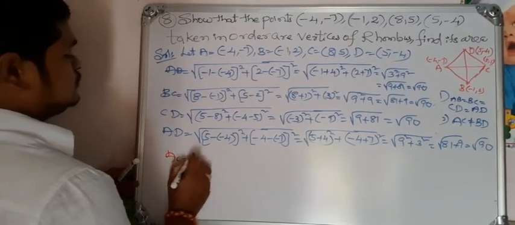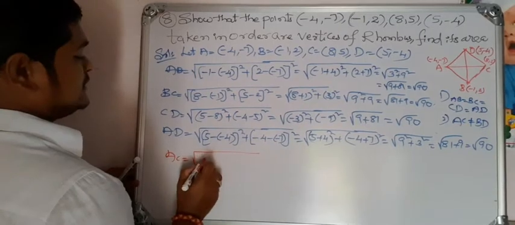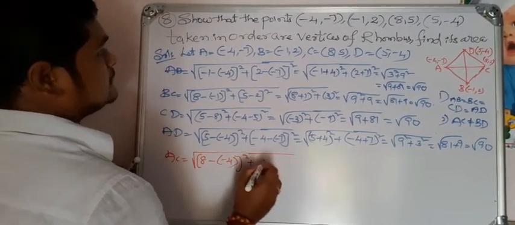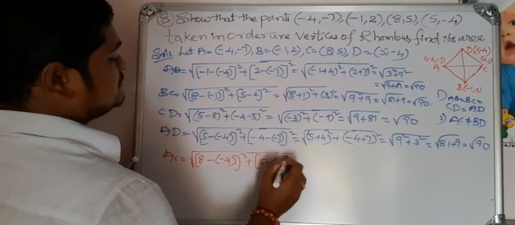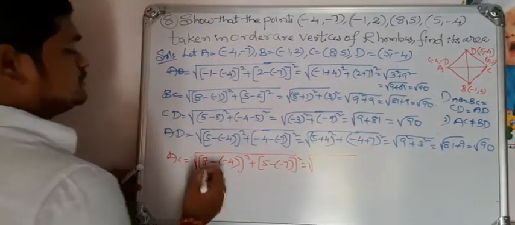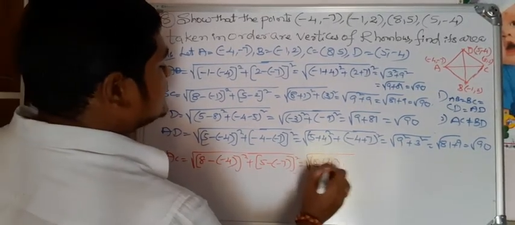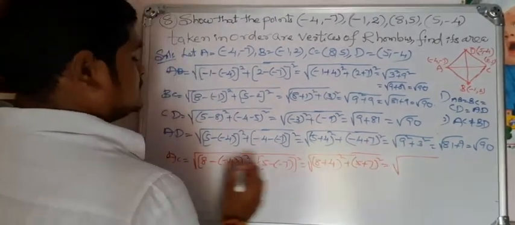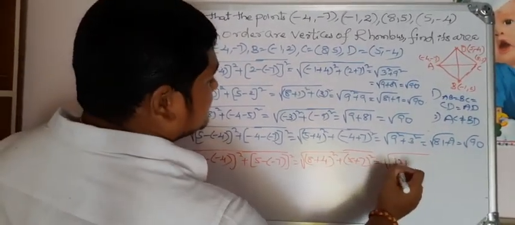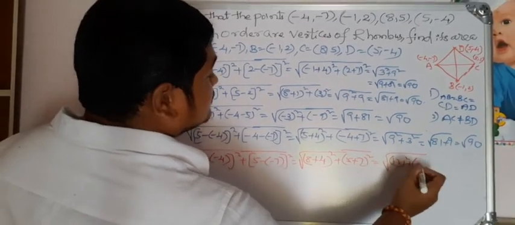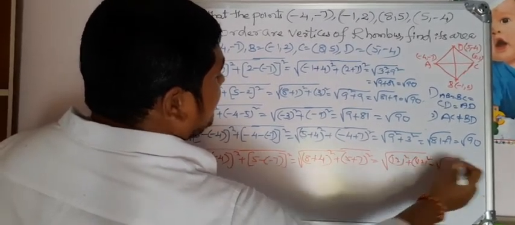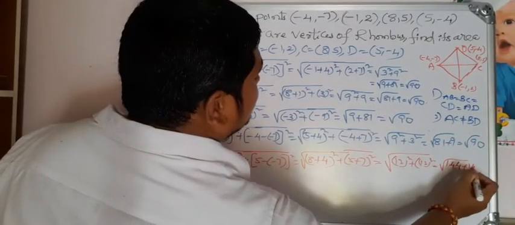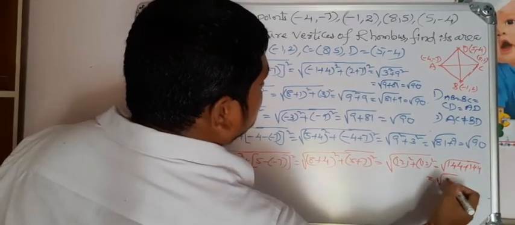AC is equal to root over the first point and third point: (8 minus of -4) whole square plus (5 minus of -7) whole square. So it is 8 plus 4 whole square plus 5 plus 7 whole square, which is 12 square plus 12 square. 12 square is 144, so 144 plus 144 is equal to 288.